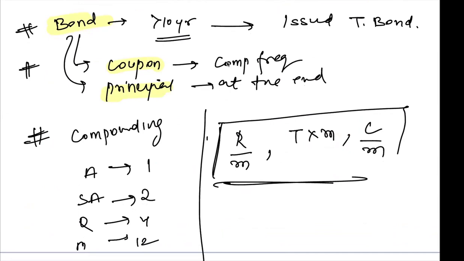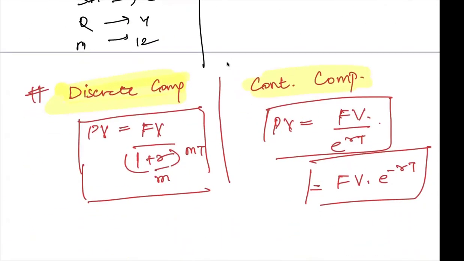So whatever money we receive in the future, we need to discount it so that we know the price as of today. That's why we are discounting it. This is nothing but discounting formulas.